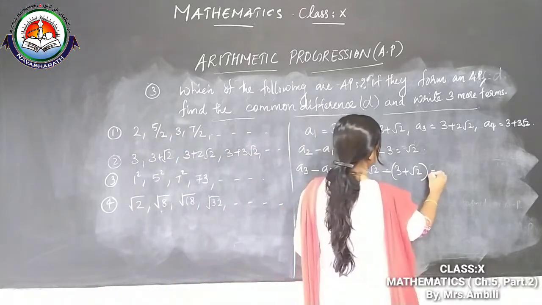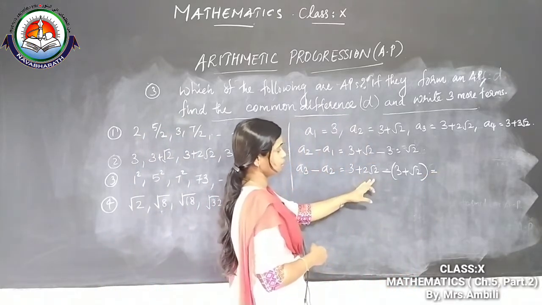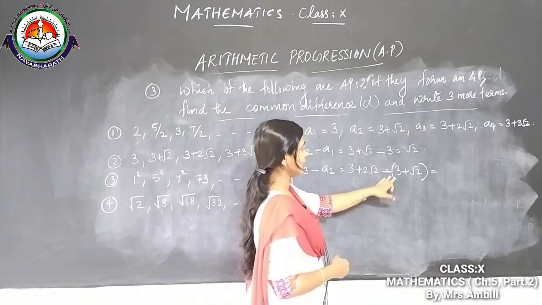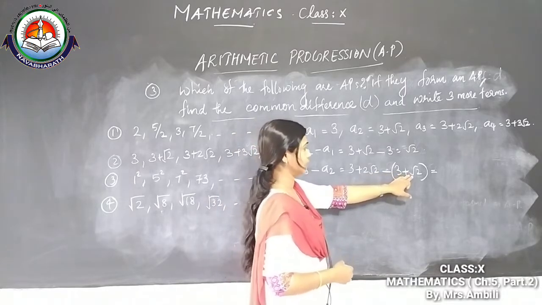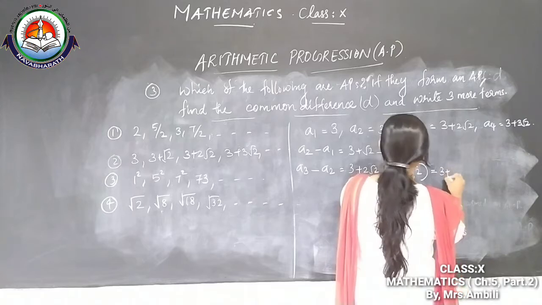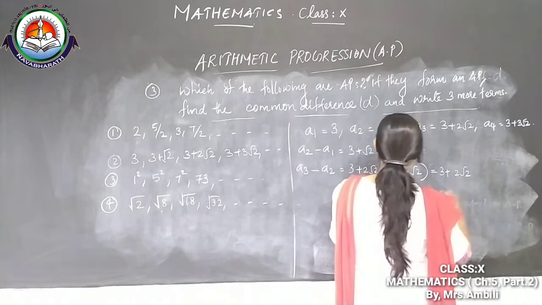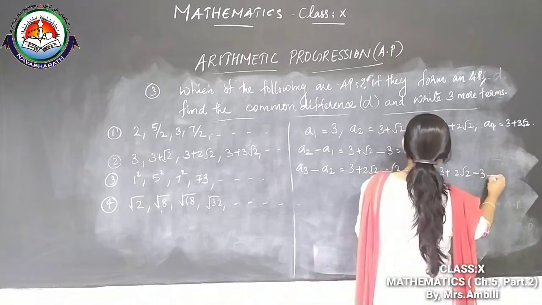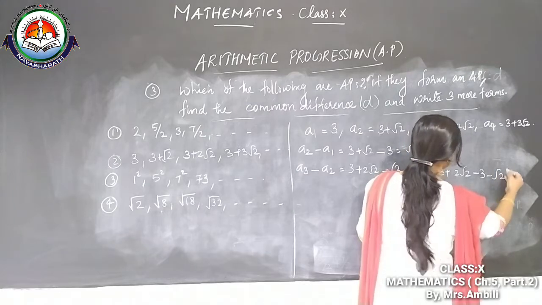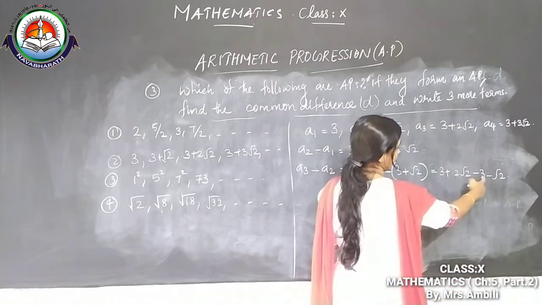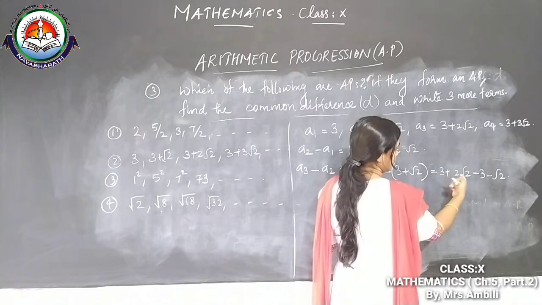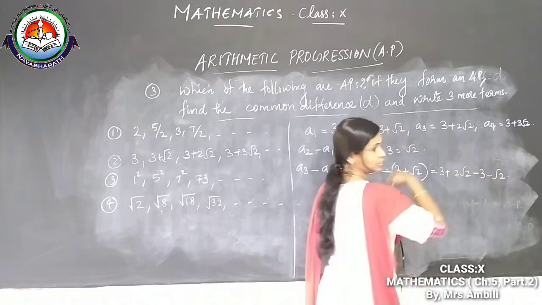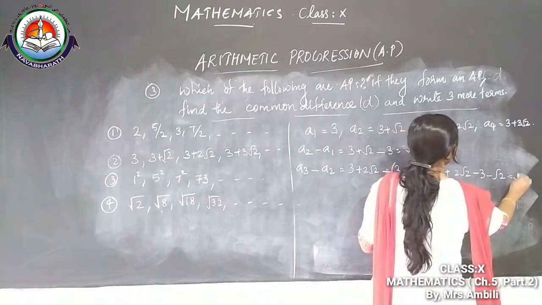So, what we will get? 3 plus 2 root 2 minus 3 minus root 2. So, plus 3 and minus 3, 0. 2 root 2 minus root 2 equal to root 2.